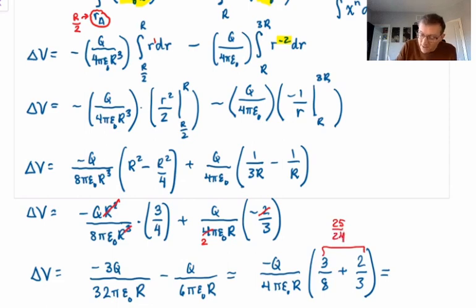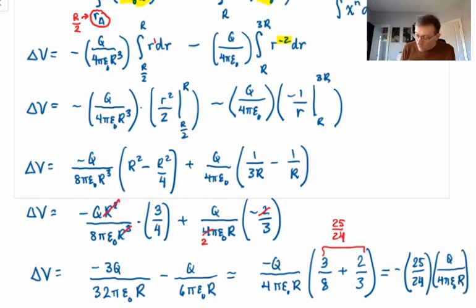So your final answer is negative 25 over 24 times q over 4 pi epsilon 0 R. Note the negative sign. That's important. That means the potential at point B, the final point, is less than the potential at point A. Okay? And we have calculated the potential difference.